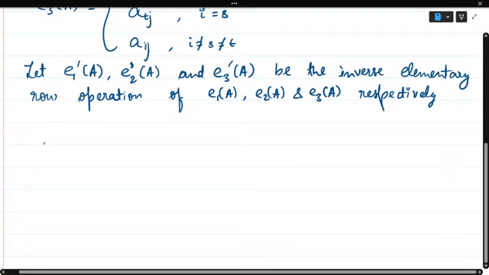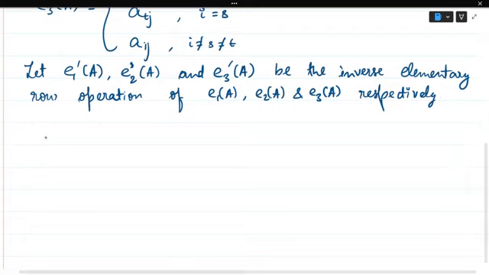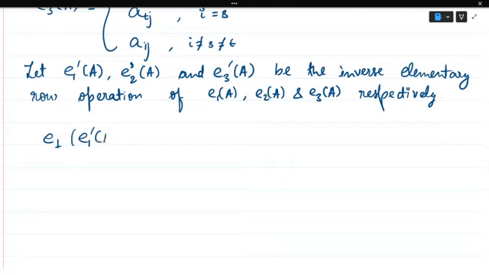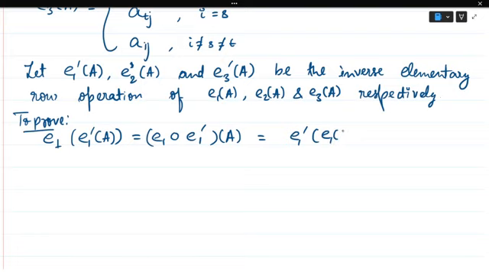To show that these are of the same type, we first use the property that if we apply E1 over E1 prime of A, we need to prove that E1 over E1 prime of A is equal to E1 prime over E1 of A, or one can also write E1 prime over E1 over the matrix A. So how do we do it?